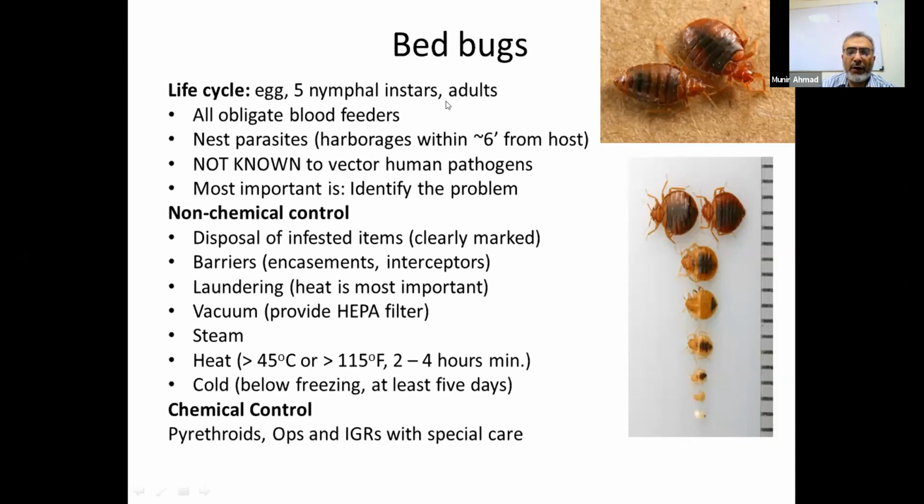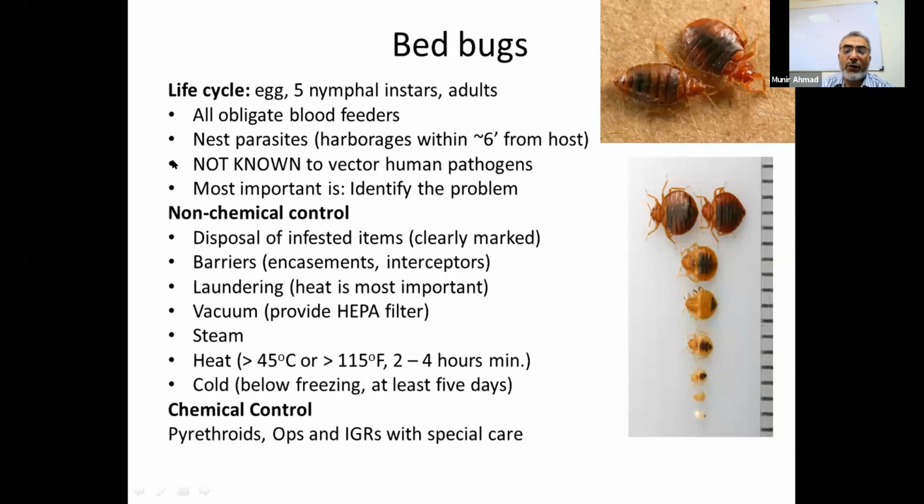And also we have different barriers which can be used. Laundry must be cleaned with hot water. If this problem persists, cleaning with a vacuum having a filter is very important, especially in those areas where travelers are staying, especially in hotels and other places.